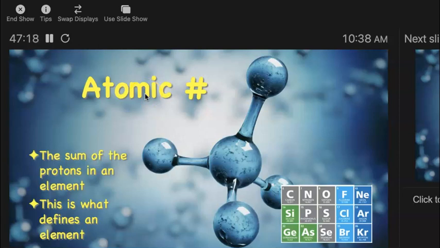There's a 6 in the upper corner of carbon here, a 7 in the upper corner of nitrogen, an 8 in oxygen, and so on and so forth. So we're literally saying, if you add another proton to carbon, you're going to make nitrogen. All right? The atomic number defines the element.